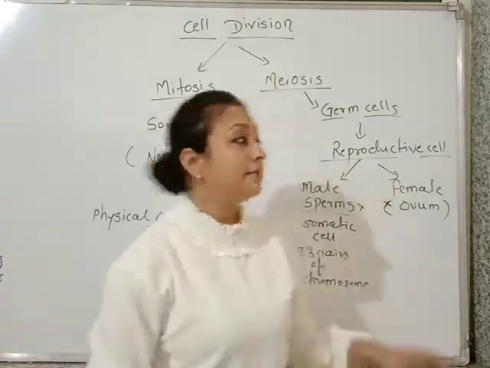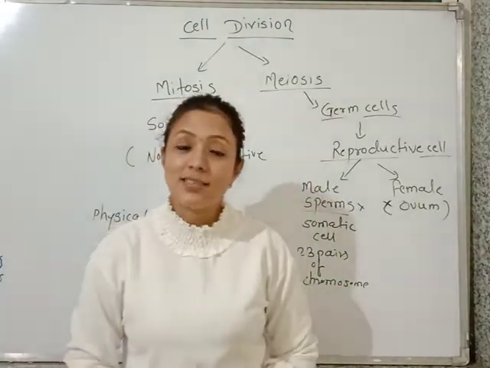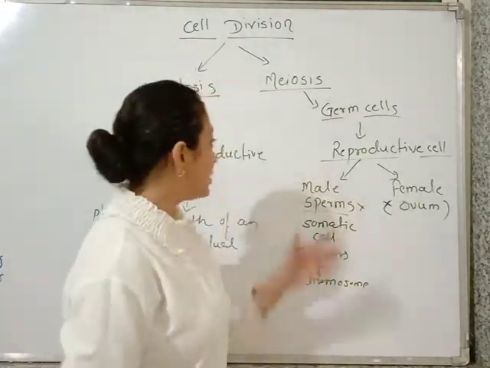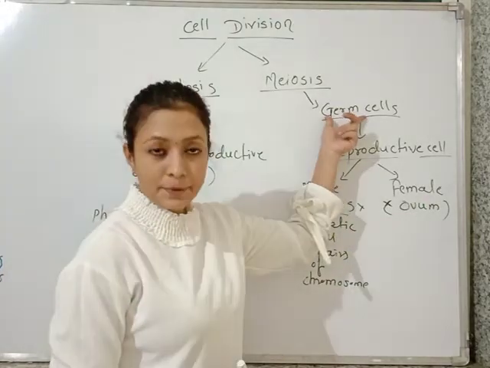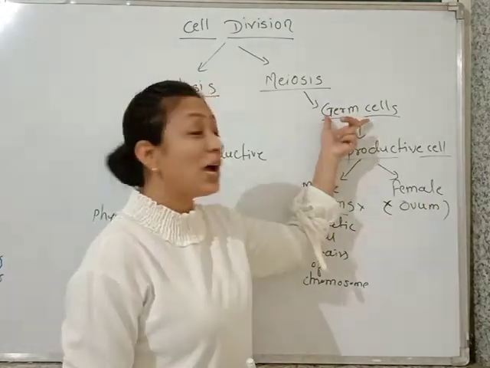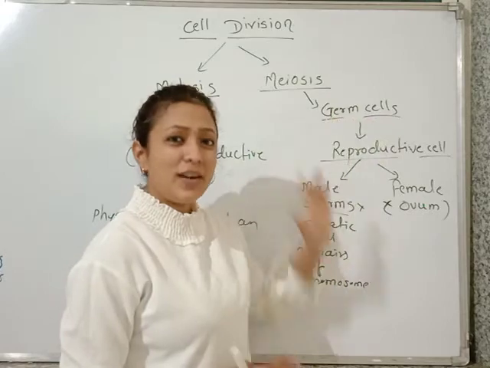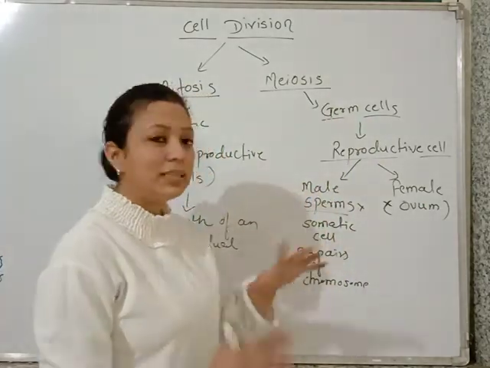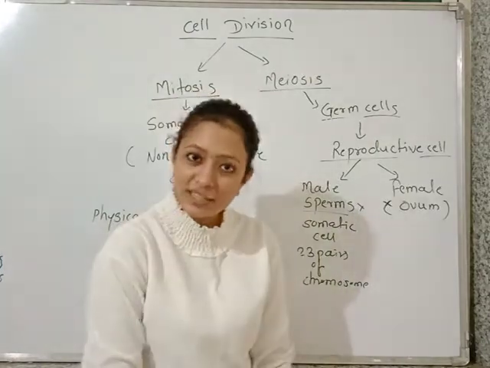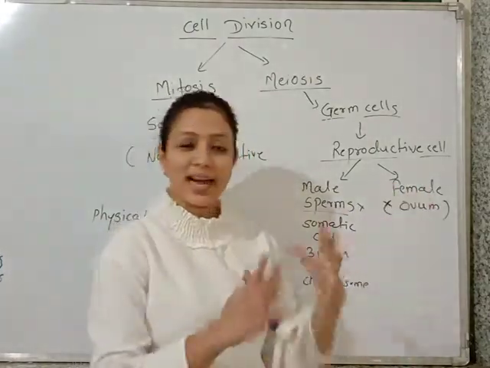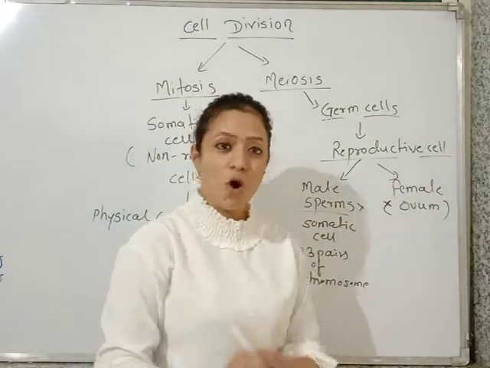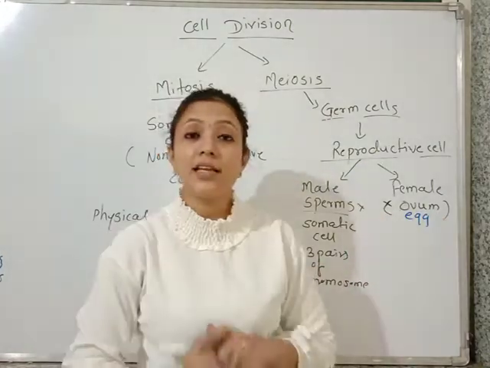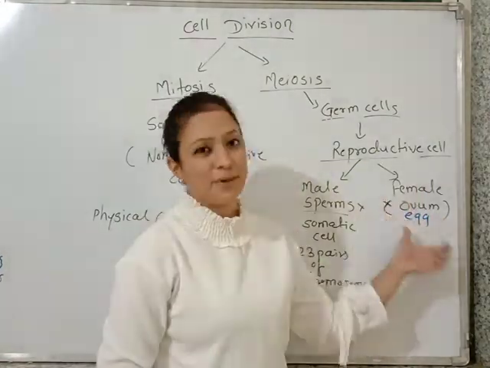While meiosis happens only in the reproductive cells. The reproductive cells are also known as germ cells. For example, the male has sperms as reproductive cells and the female organism produces the ovum or egg, which are the reproductive cells of the female.